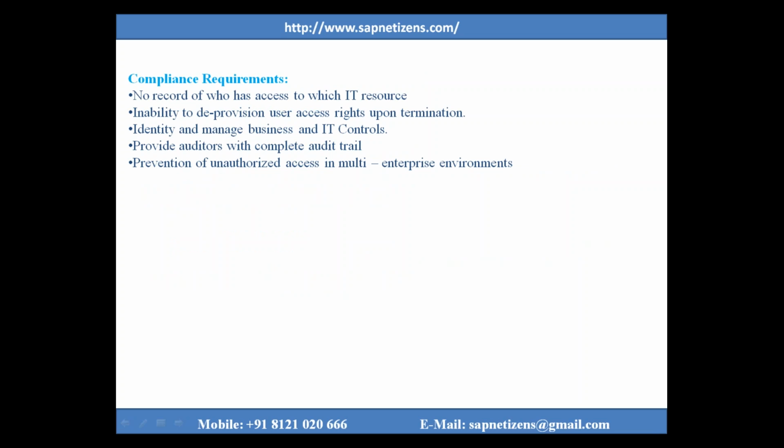Next is compliance requirements. Here, there is no record of who has access to which IT resource, inability to deprovision user access rights upon termination, identity and manage business and IT controls, provide auditors with a complete audit trail, and prevention of unauthorized access in multi-enterprise environments.